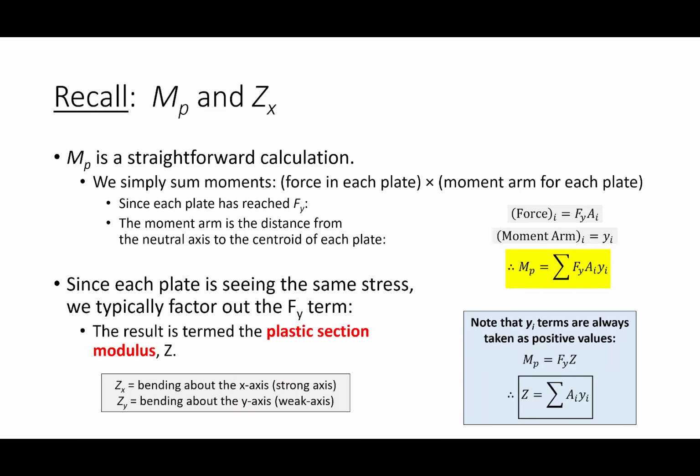If you computed the location of the centroid for the last homework you submitted, the one with the plate and the 2 pieces that looked like a big pi symbol for the girder, find where the centroid is and compare that to where the PNA is. They're not in the same spot, point blank. Once you find the PNA, just do area times y, area times y, area times y, sum that up and you'll calculate Z. So I do think Z is a far more straightforward computation. Everybody with me on that?